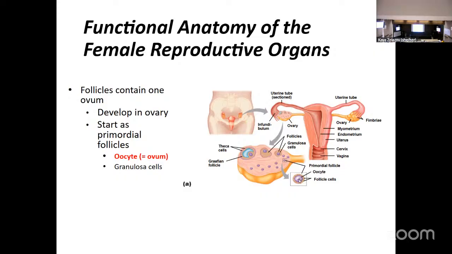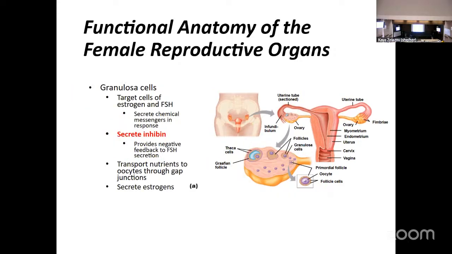It also has associated cells around it. Here they're labeled as the follicle cells. We're going to see that that's true, but we also have these cells called granulosa cells. As we walk through the menstrual cycle, we're going to see a lot of cell development, a lot of changing cell types, a lot of maturing cell types as we walk through.